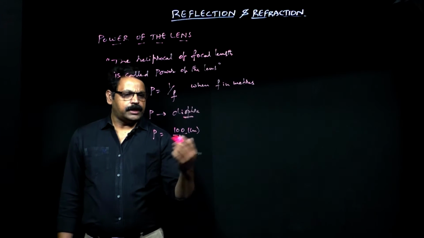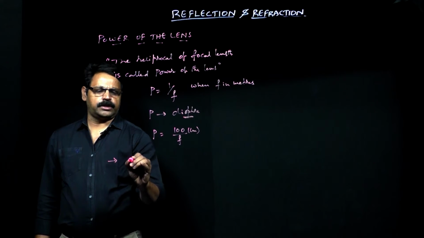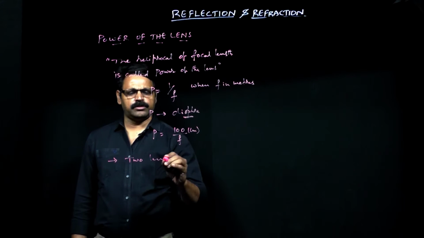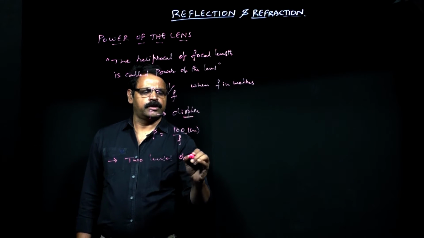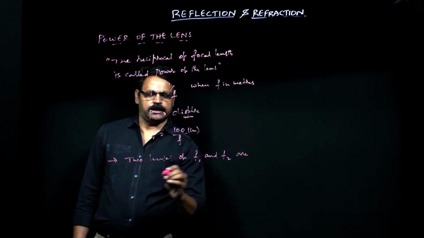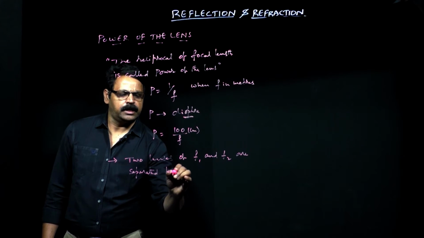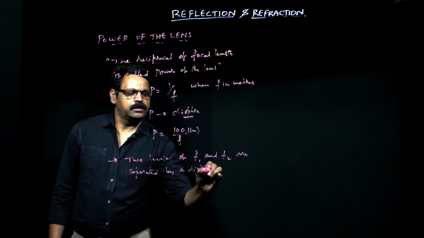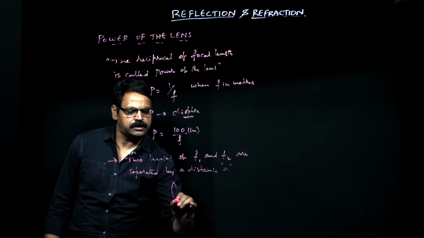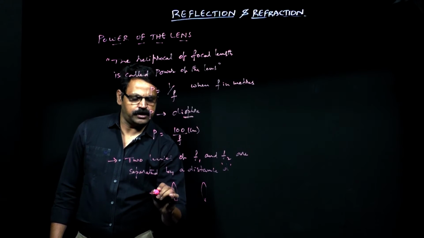Now here is one point you need to remember, these are a few additional points. Two lenses of focal lengths f1 and f2 are separated by a distance d. You can see the case, here is one lens, here is the other lens, and of course the sign convention you have to take.